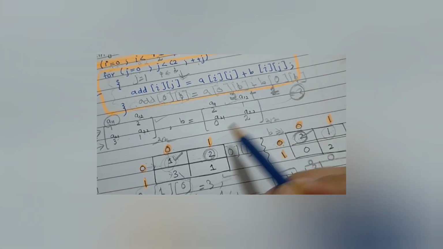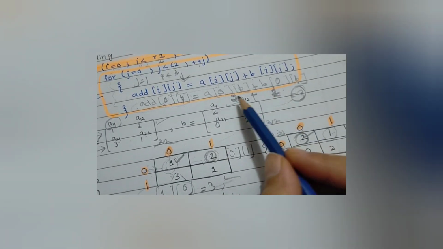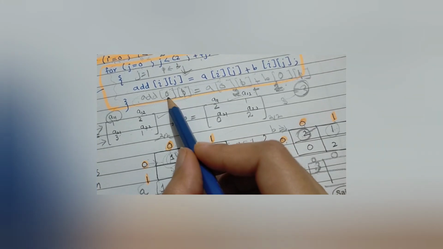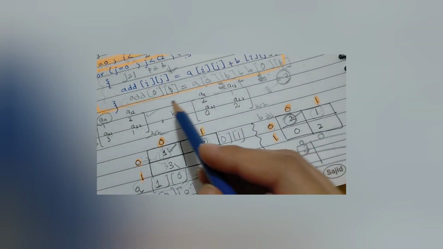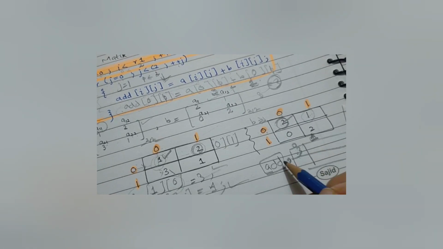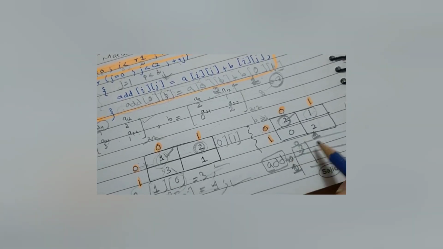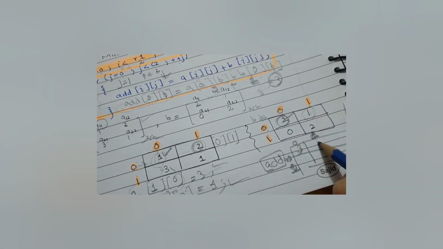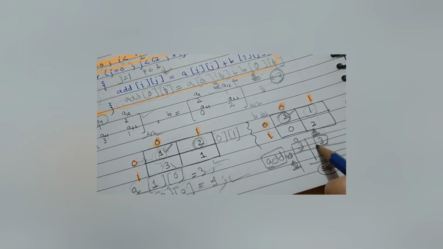Okay, so we get the digit 1. So here 2 and here 1, so 2 plus 1 is again 3, and 3 will now be stored in the array location 0 and 1. This is row number 0 and this is column number 1, so 3 will be stored in that place.